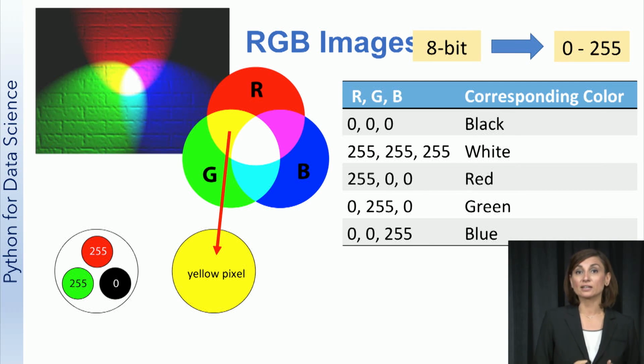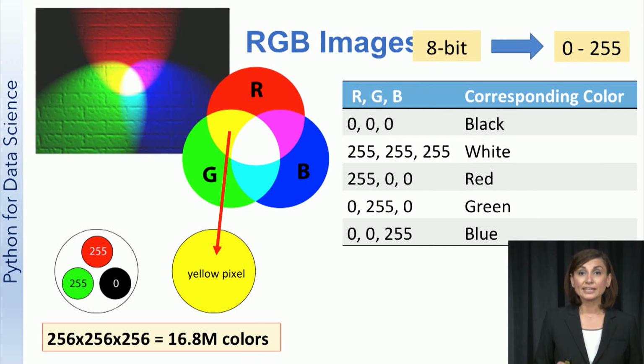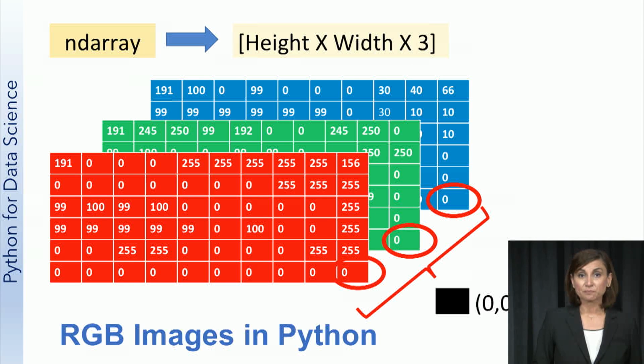If all three colors are muted or have the value of 0, the color shows as black. Since each value can have 256 different intensity or brightness values, it makes 16.8 million total shades. In Python, RGB images are ND arrays of shape height times width times 3 for each RGB layer.